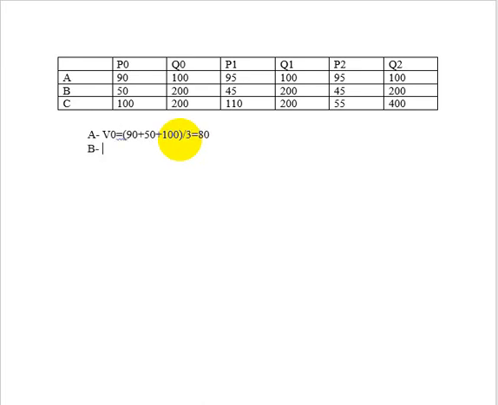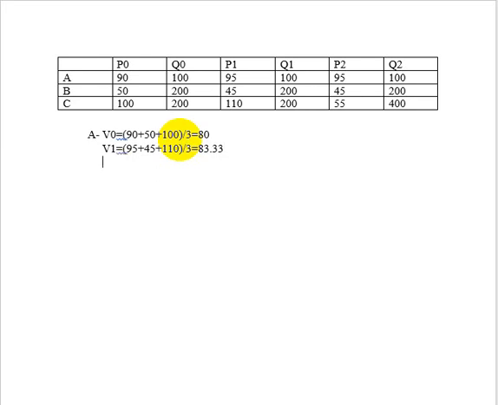As for V1, it's equal to 95 plus 45 plus 110, again over 3. It's equal to 83.33.